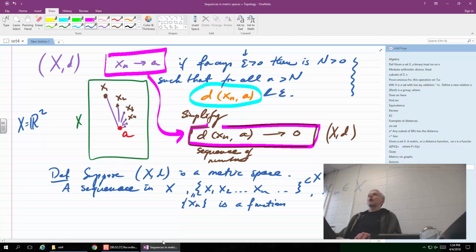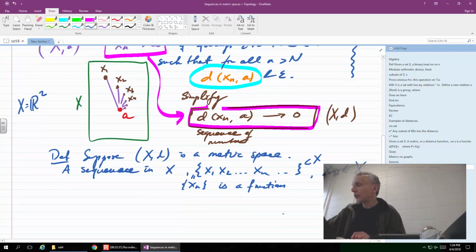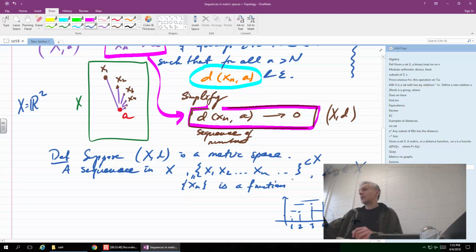No. 1 through n. Remember when you plot sequences in calculus 2, you put n here, and this is what the sequence looks like. 1, 2, 3, 4. These are the input values, and these are the output values, which may or may not be on the x-axis.